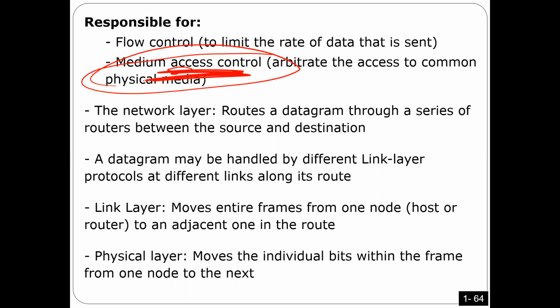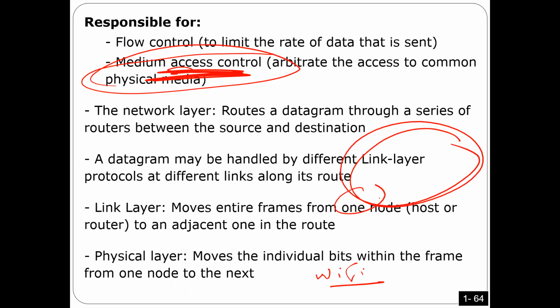For example, here, all of us share the air. In the case of Wi-Fi, all of us share the air, with several computers. What happens if two computers decide to transmit at the same time? The signal is going to be noisy and the two transmissions are going to fail.